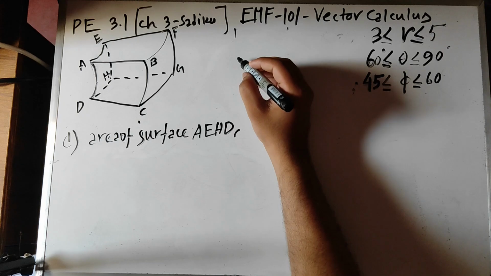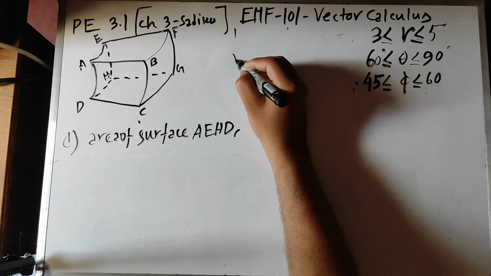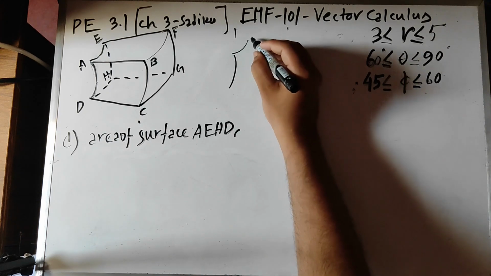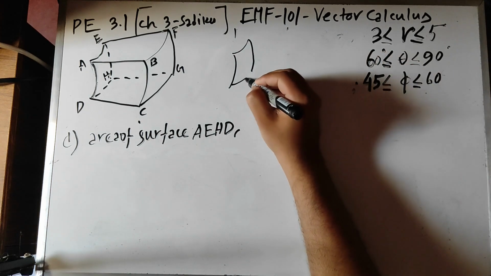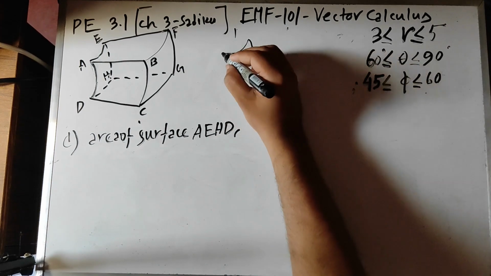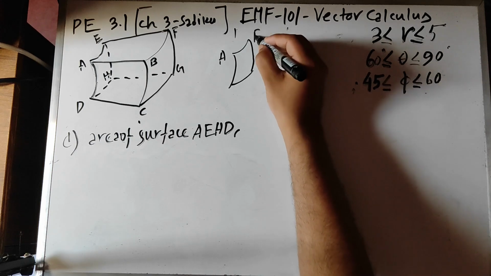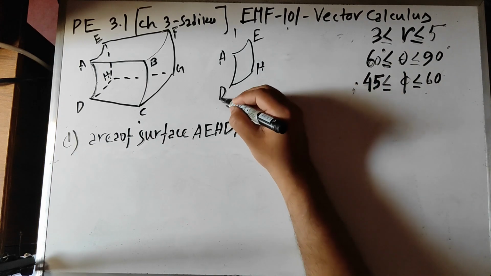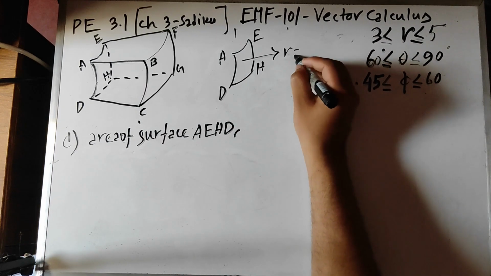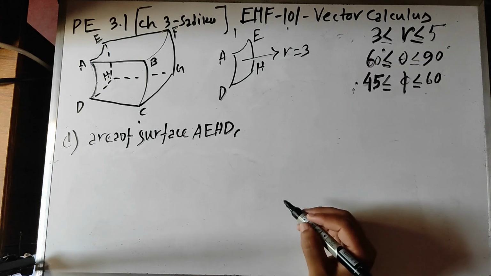The surface AEHD is this little surface. This is obviously the surface r equals 3. So we have to find the area.